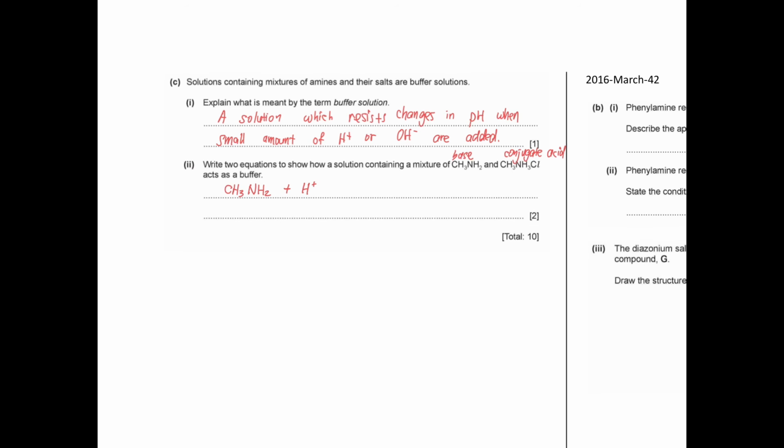The base is going to neutralize it to resist the change in pH, forming CH3NH3+. Now the conjugate acid CH3NH3Cl will neutralize the hydroxide ions added, forming CH3NH2 plus H2O plus chloride.